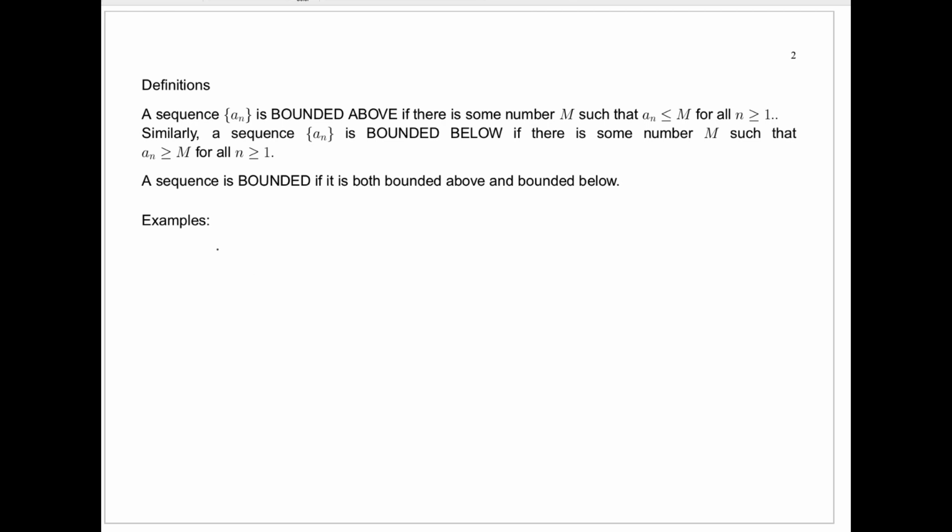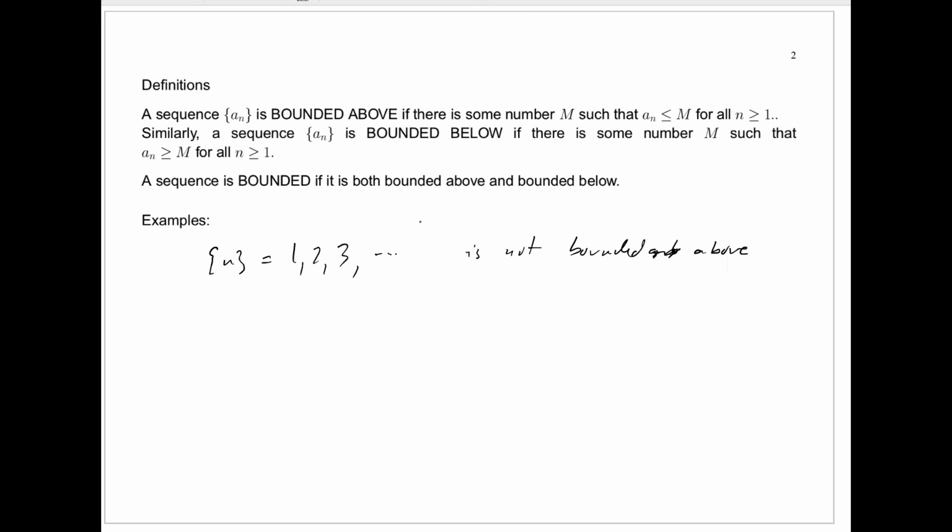Here's an example. This sequence n is not bounded above, because it gets bigger and bigger and bigger. We actually use the term it gets bigger without bound.